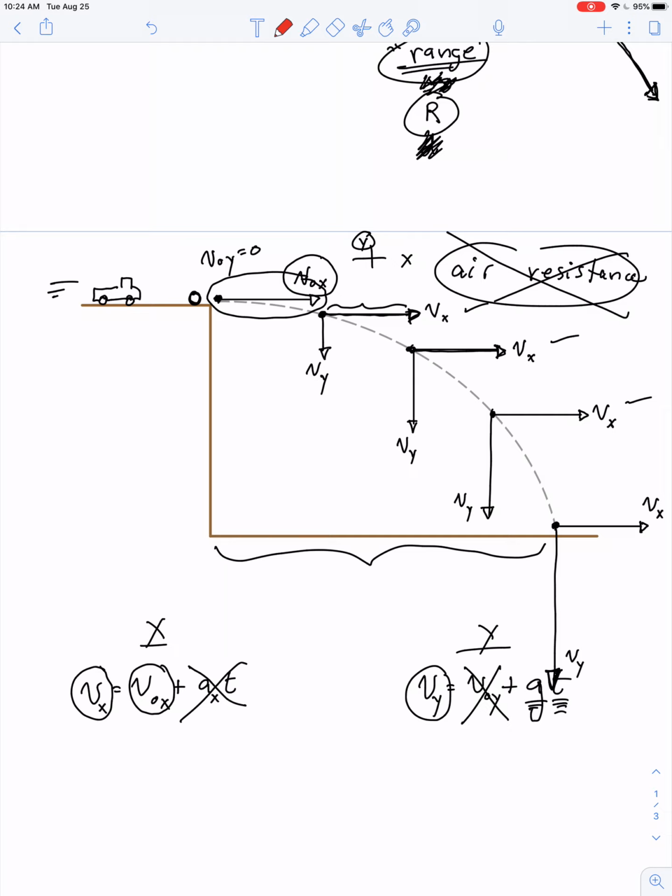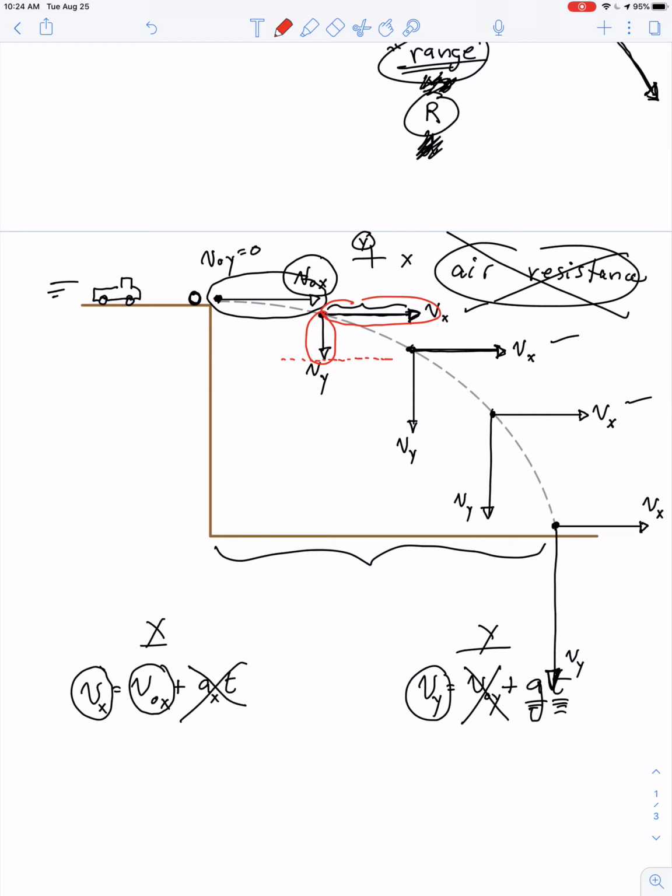Now, one way we can combine two motions at once is doing something known as graphical vector addition. And one way that we can add vectors together, if we have a downward vector added with a horizontal vector, we make a parallelogram.